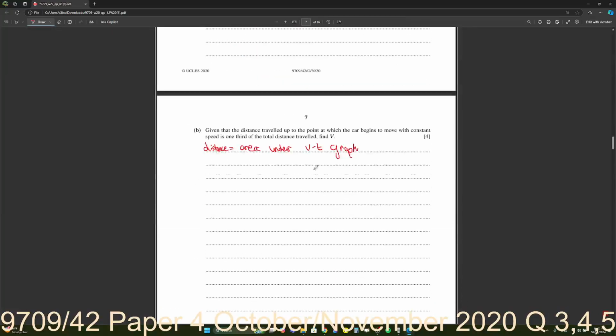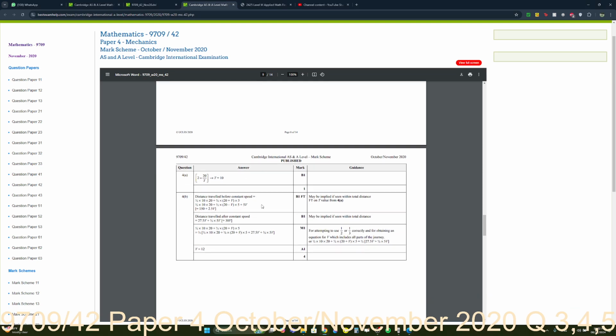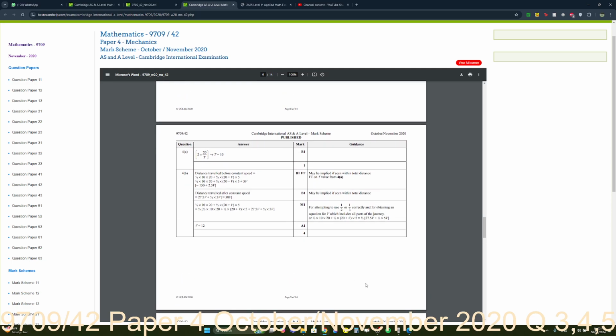So we're going to go up here. I just want to make sure, because in our school's marking scheme, if you don't mention this, you don't get a mark. But obviously in the AS marking scheme over here, they don't say it. Maybe implied if seen within. Yeah, so you don't really have to do it here. They just care about how you solve.